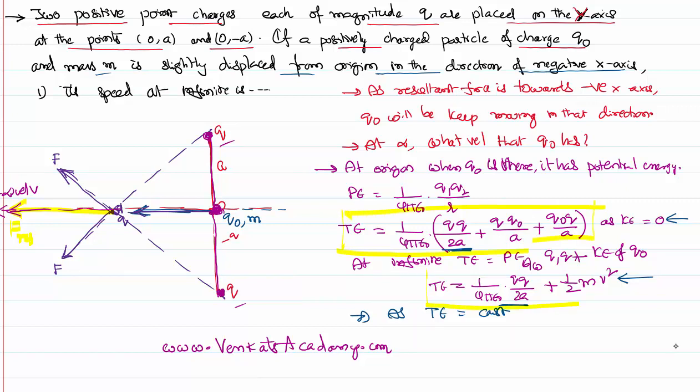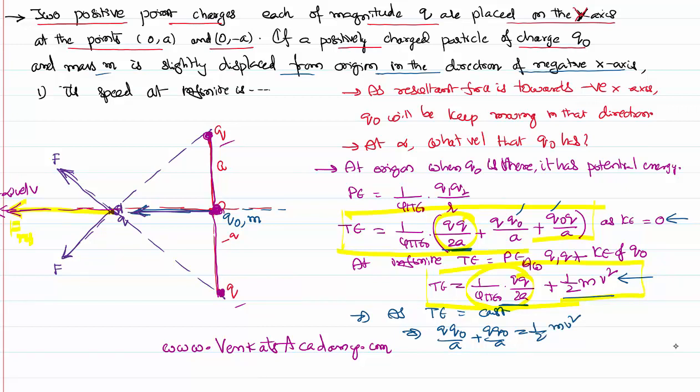When you equate, both of them cancel on the left side and right hand side. So what is remaining? It implies Q naught by A plus Q naught by A on one side, and the remaining term is half m v square.